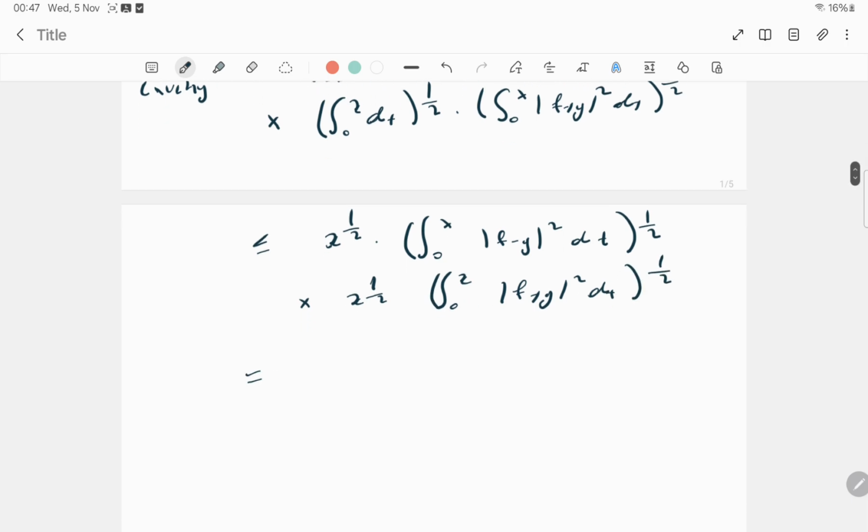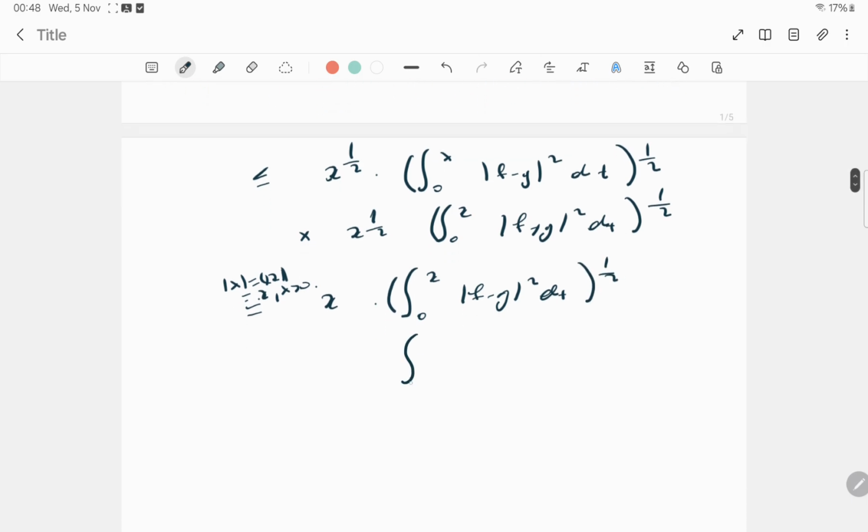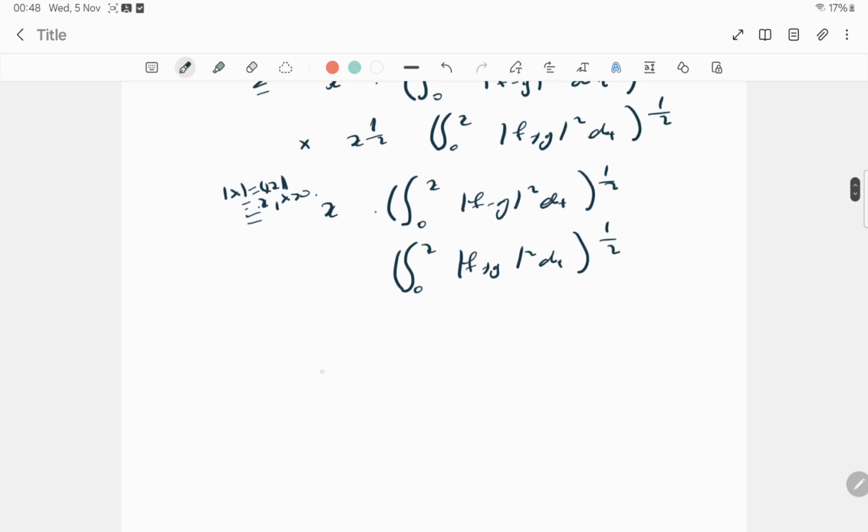That's going to be x in absolute value, but we know that x in absolute value is going to be x, as x is bigger than 0, so we can remove the absolute value, times the integral from 0 to x of f minus g squared dt to the power of a half, the integral from 0 to x of f plus g squared dt to the power of a half.